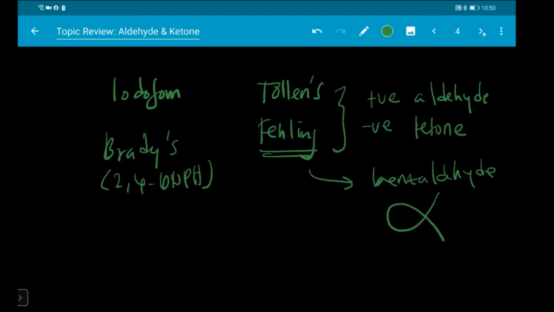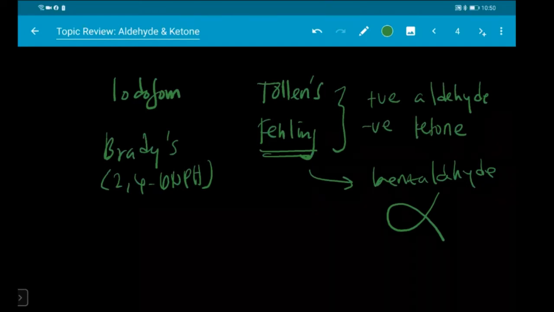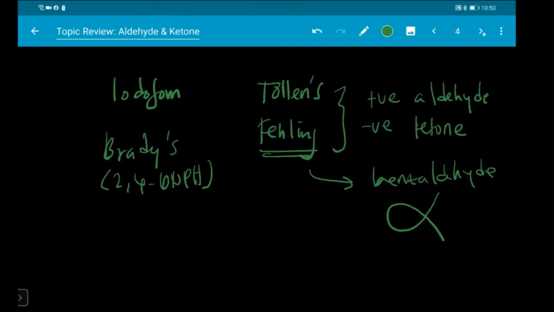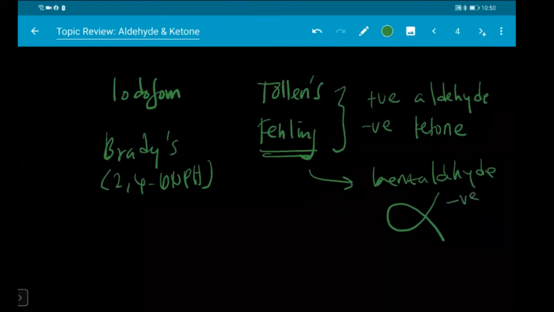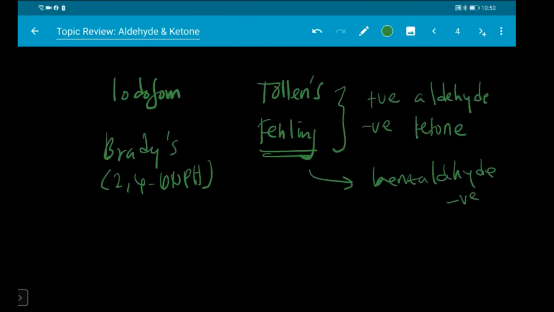Alright. Jadi kalau ada dua aldehyde, salah satunya ada benzaldehyde, nak bezakan dia boleh pakai Fehling. Pasal it will show you benzaldehyde will result into negative result. Kalau aldehyde lain, yes, boleh pakai Fehling.